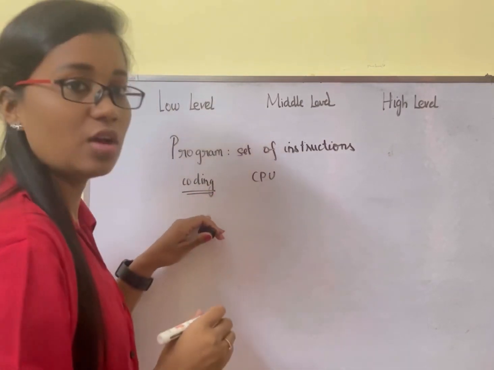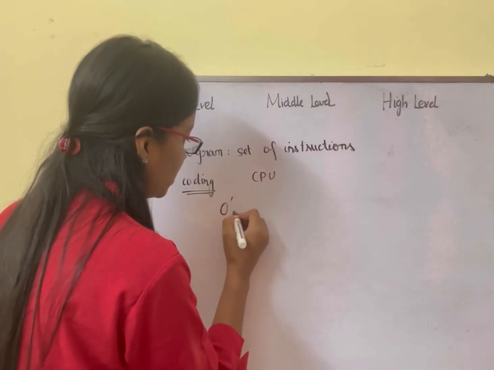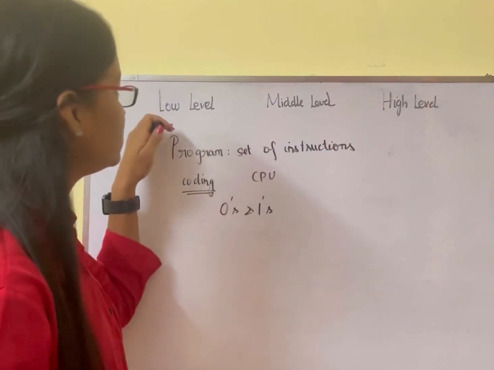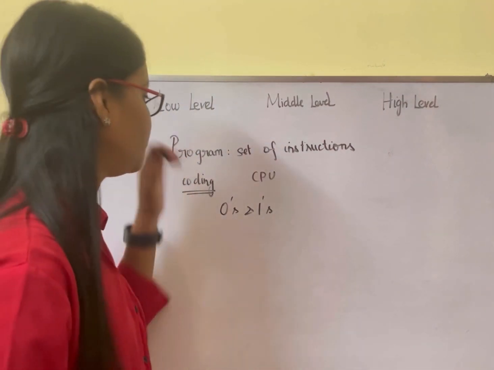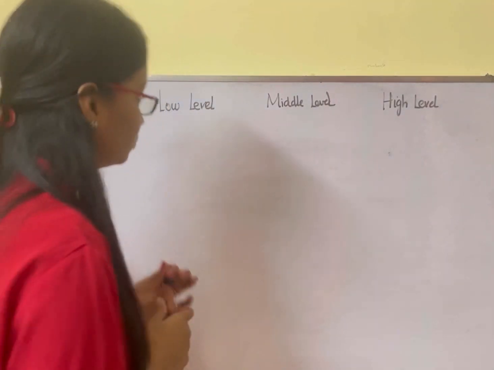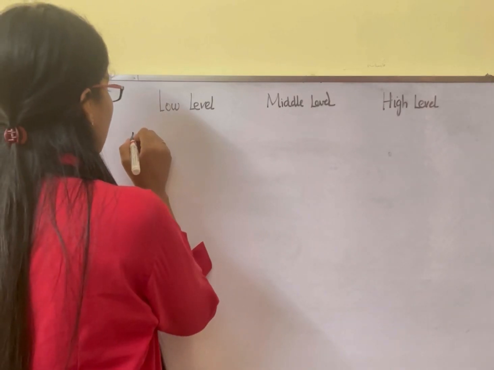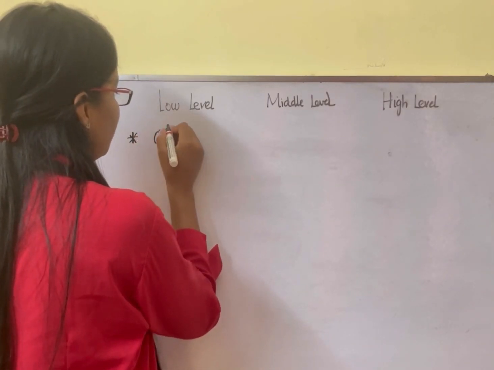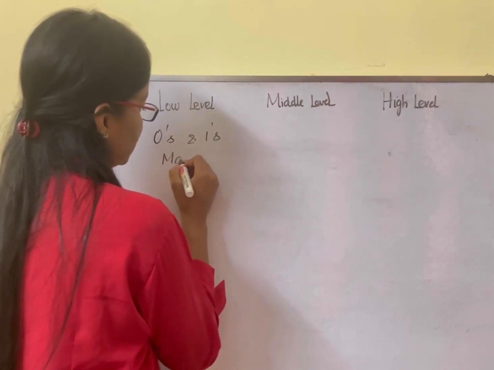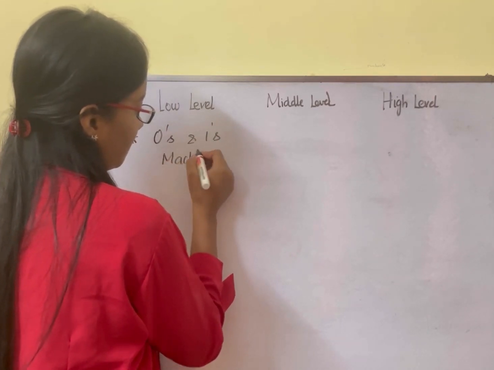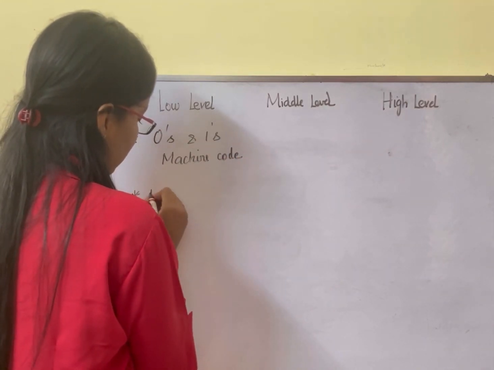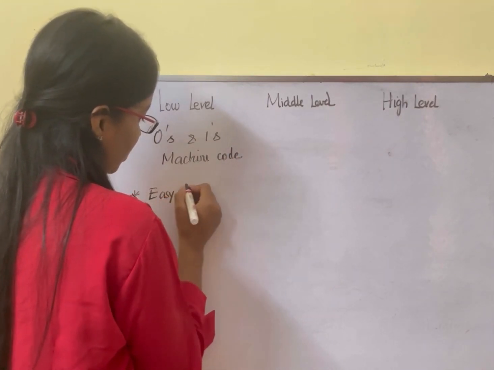So the coding which contains only zeros and ones and is hard for human beings to understand is known as low level programming language. Low level programming languages are full of zeros and ones, which is known as machine code, and it is very easy to communicate with the machine.